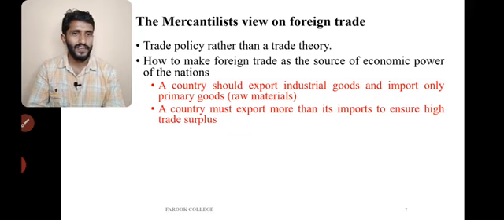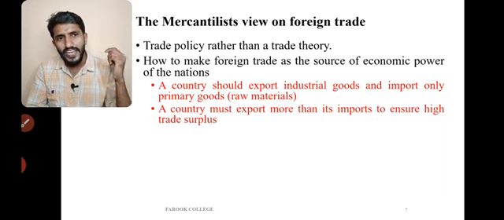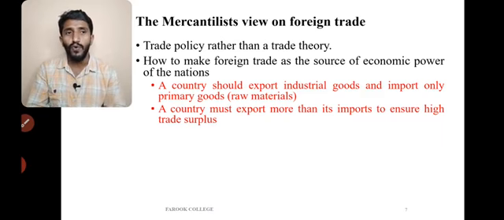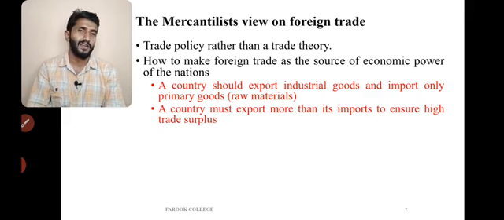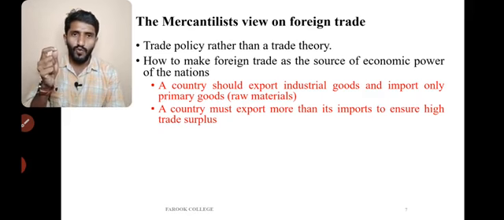So this was one idea. Then secondly, a country must export more than it imports to ensure a high trade surplus. A country wants trade surplus always, not trade deficit.